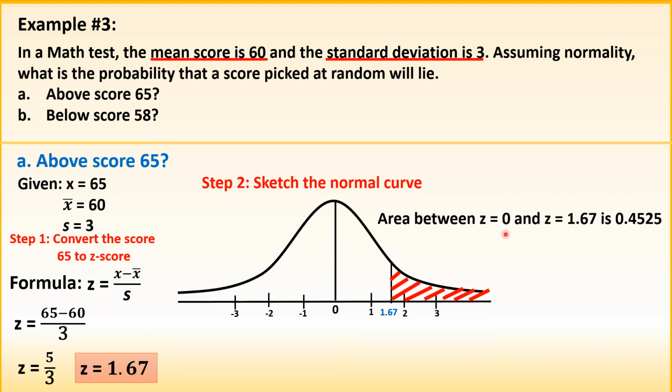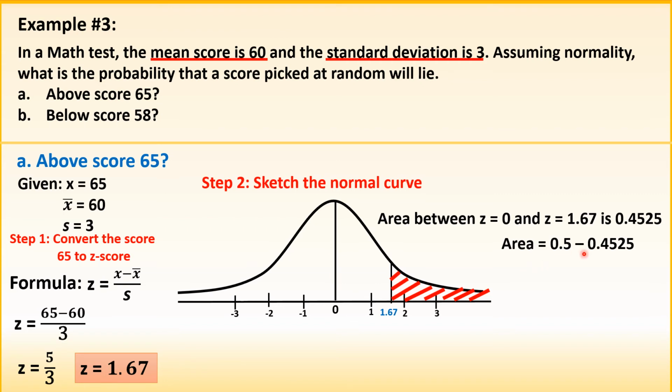Hindi pa ito yung magiging sagot natin kasi ito pa lang siya. Ang kukunin natin ng area, etong part na to. So, gagamitin natin yung 0.5. Bakit 0.5? Kung natatandaan nyo, yung area ng buong curve na to, that is equal to 1. Since ang kukuhanan lang natin ng area ay magmula sa 0, so ibig sabihin kalahati hanggang dito. Kaya 0.5 lang.